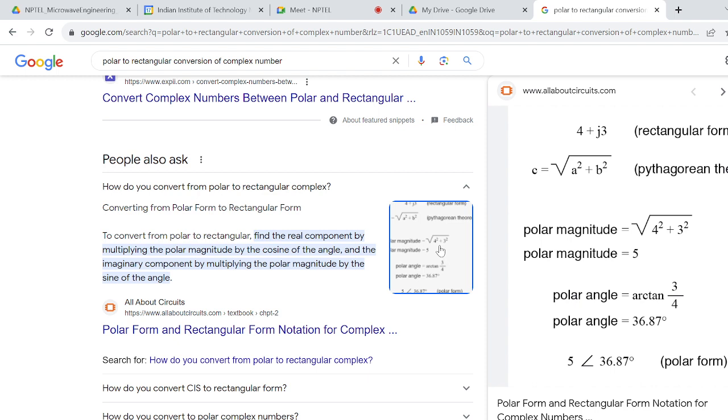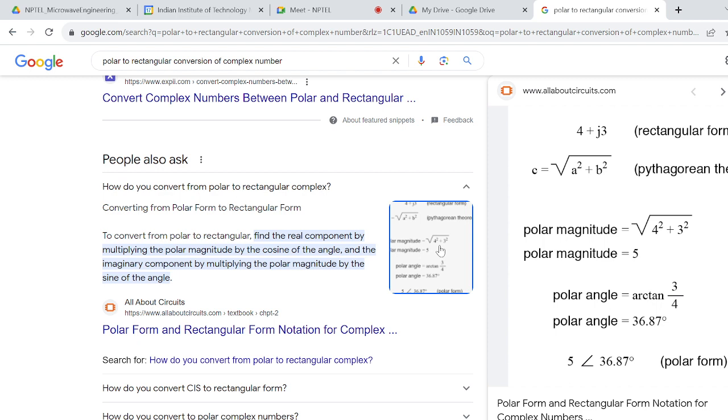I will write the general form first. Suppose you have a plus jb. This is rectangular form. Suppose you want to convert it to polar. Square root of a square plus b square will be R. We found the R. Now, how do we find theta? Theta is tan inverse of b by a. So now you know how to convert rectangular to polar.